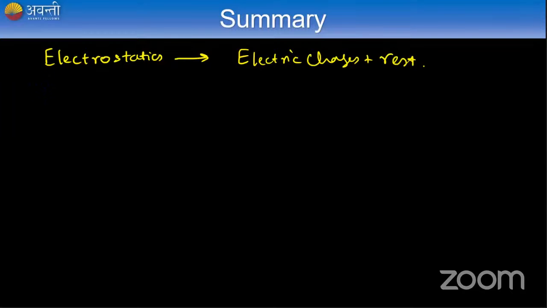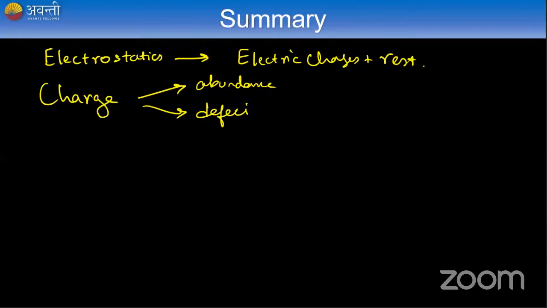Then we checked the charge. What is a charge? Charge is either the abundance or the deficiency of electrons in a neutral body, which gives rise to charge.